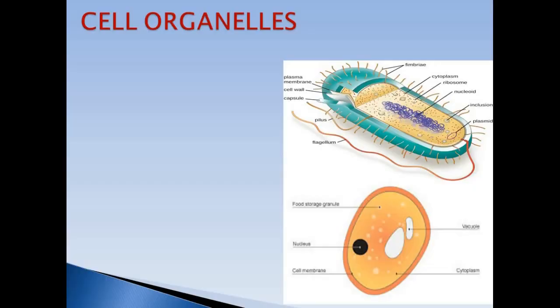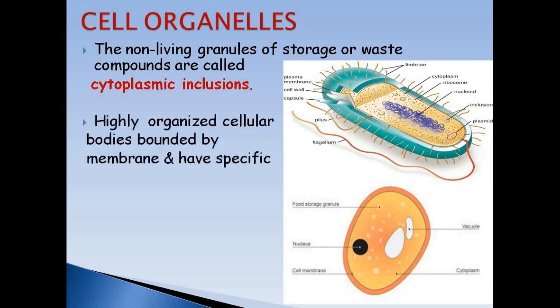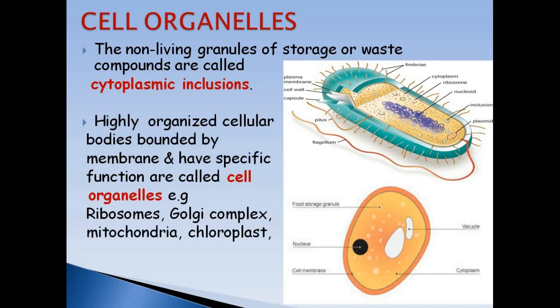Now the cell organelles. In case of cytoplasm, there are two types of structures. First one is the non-living granules, which are actually the granules that have storage molecule or maybe the waste product which is required to be excreted out. They are not bounded by any membrane. They have no function to perform. They are called cytoplasmic intrusions.